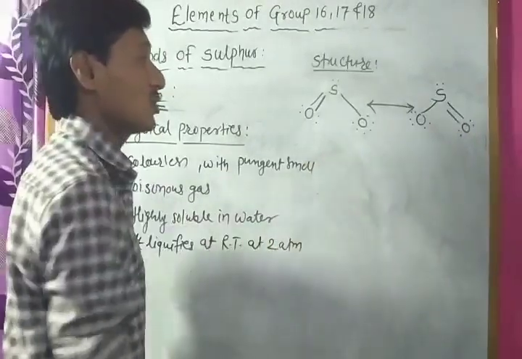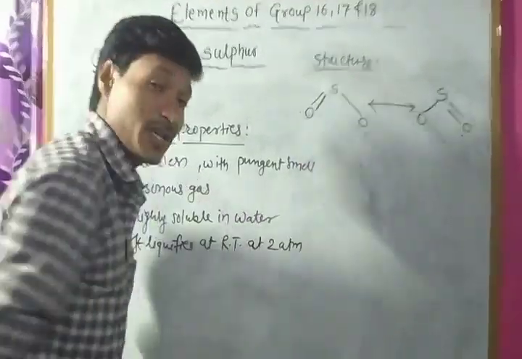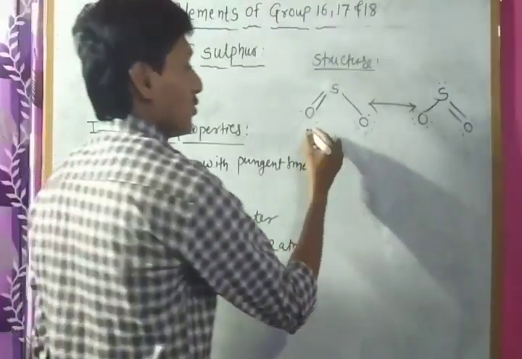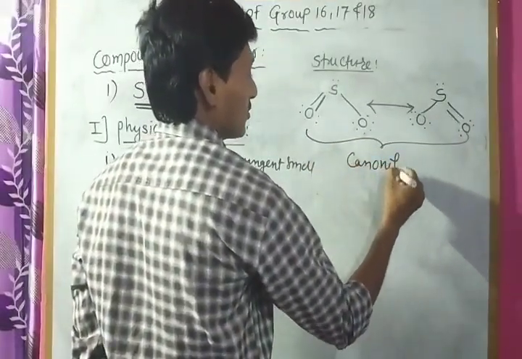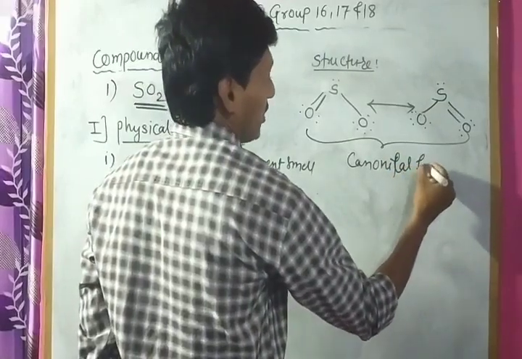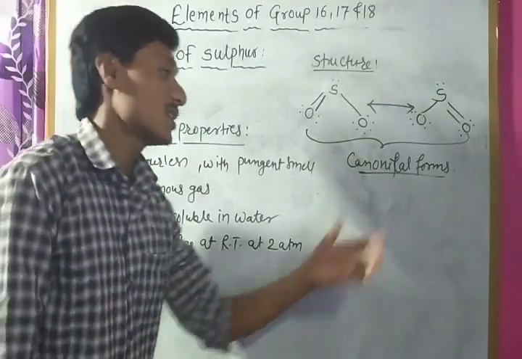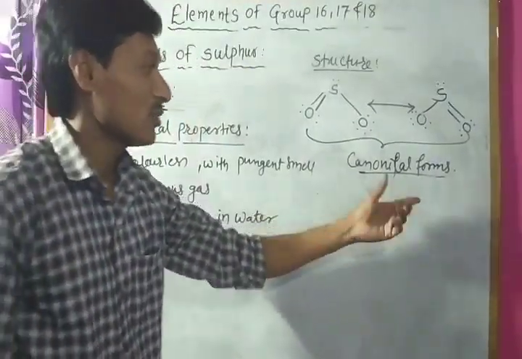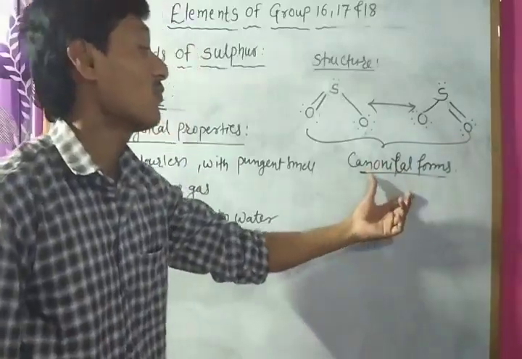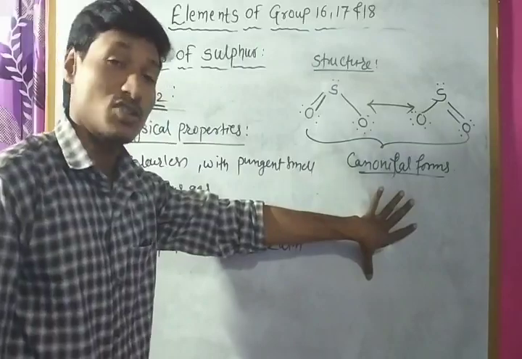If we draw the structure of SO2, we get two resonating structures here, and we call them canonical forms. These canonical forms are the resonance hybrid of each other. This is the structure of SO2.